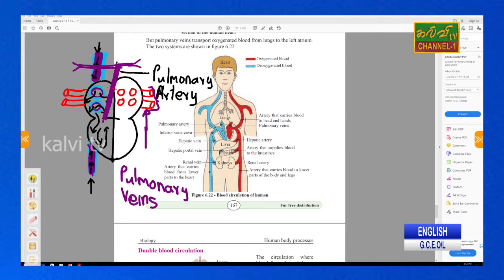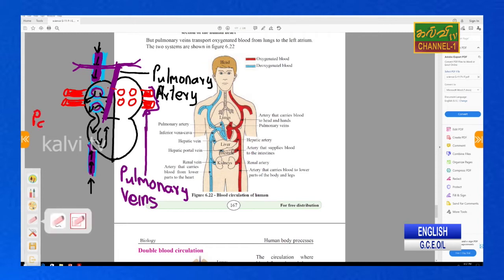We studied that most of the veins carry deoxygenated blood, but we have found out that the pulmonary veins carry oxygenated blood.